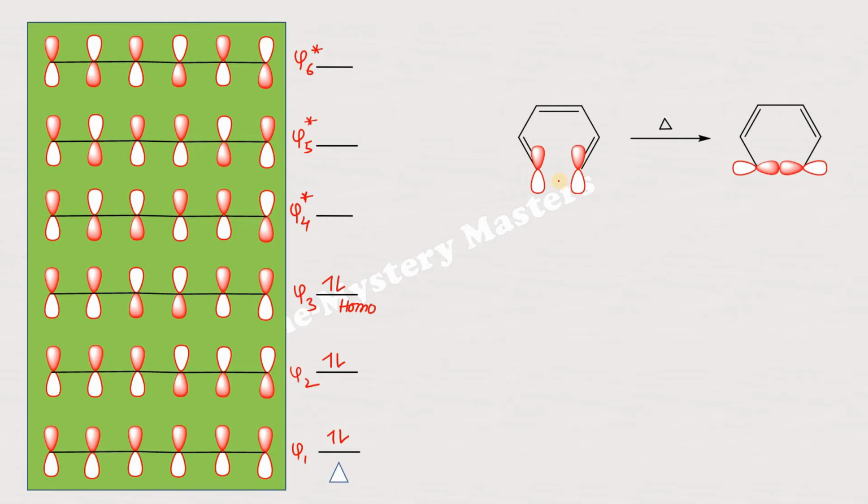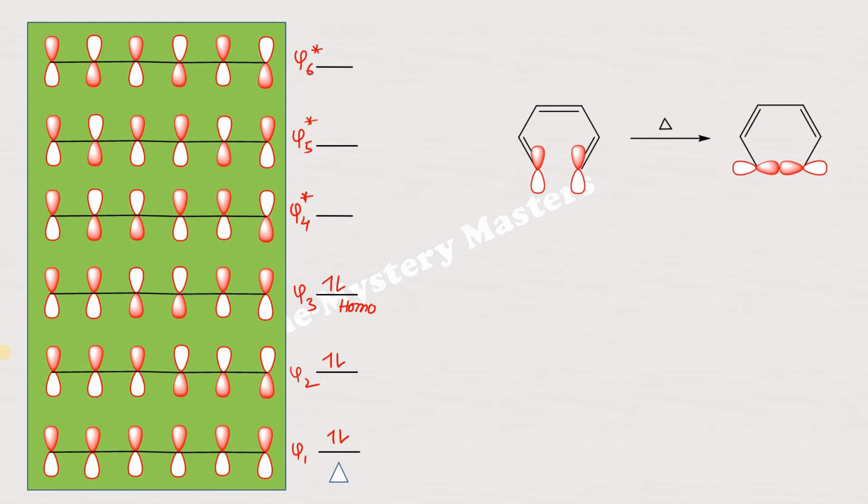As the cyclization happens, the double bonds shift and a new sigma bond is formed. In an electrocyclic reaction, we already know that in the case of cyclization the pi bonds decrease by 1 while the sigma bonds increase by 1. But for cyclization in thermal condition, we have to see what the HOMO is. So in thermal condition, as you can see here, psi3 is the HOMO.